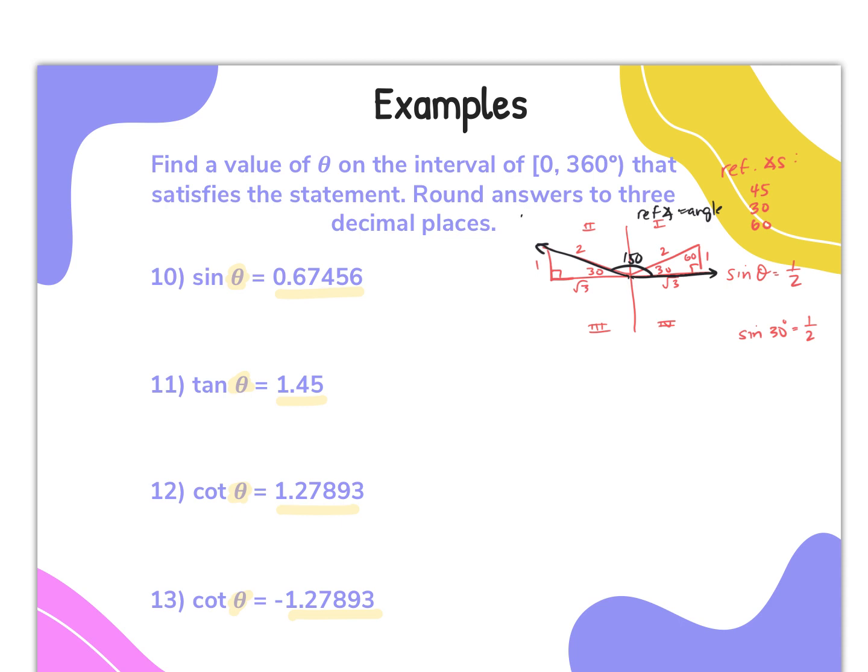In quadrant 2, 180 minus the reference angle is the angle we're looking for. In quadrant 3, it was 180 plus the reference angle. And in quadrant 4, it was 360 minus the reference angle.